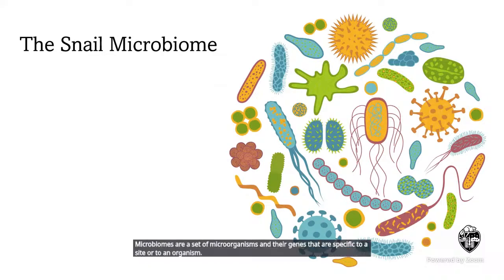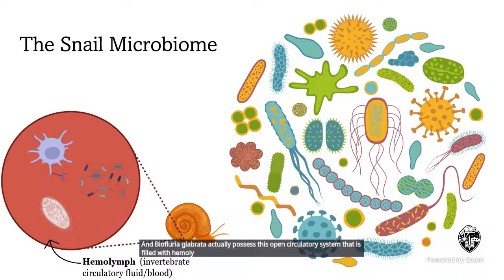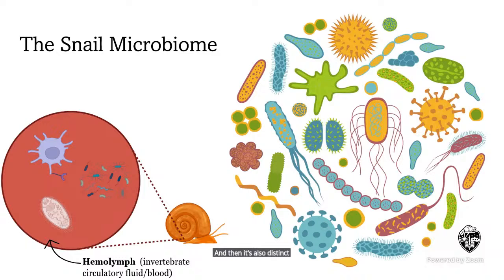And Biomphalaria glabrata actually possess this open circulatory system that is filled with hemolymph. Hemolymph is just the equivalent of circulatory fluid or blood in snails. And from the literature, we know that the snail hemolymph has similar microbiome diversity to the whole snail microbiome, and that it's also distinct from the external water microenvironment.